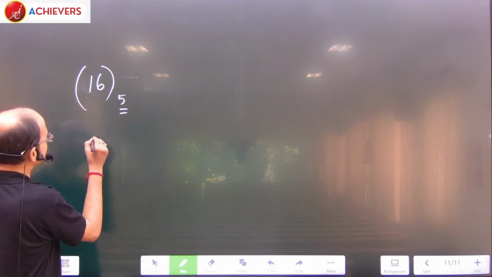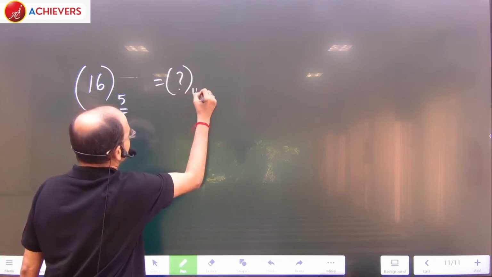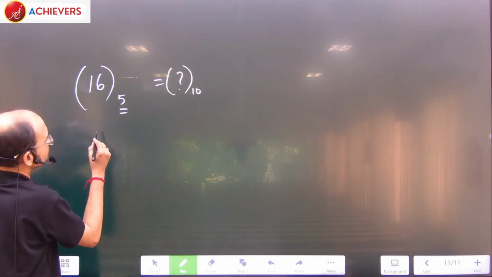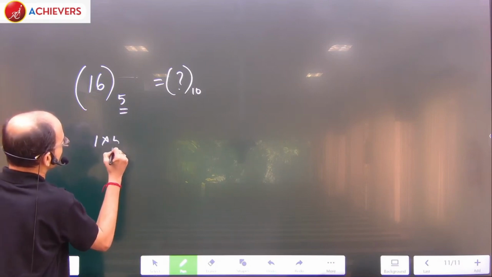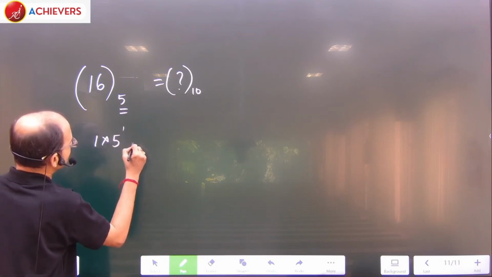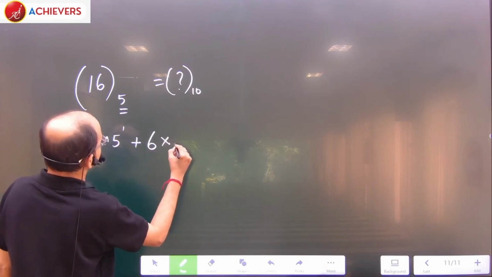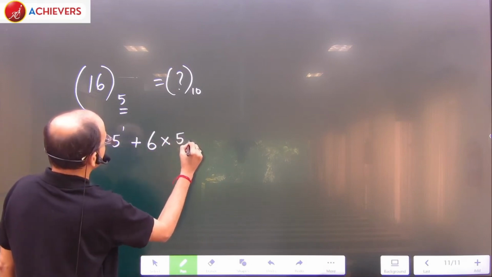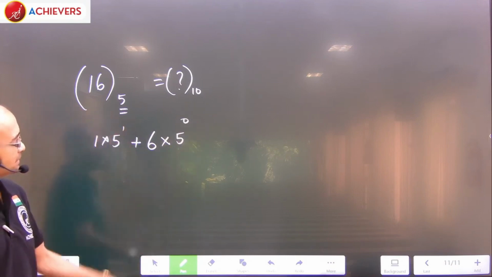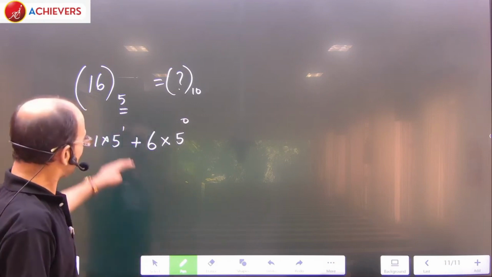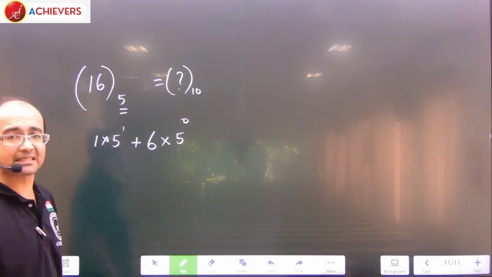So we can easily create the equivalent: 1 into 5 to the power 1 plus 6 into 5 to the power 0. Now is this correct? Can we define 6 in the pentanary number system?